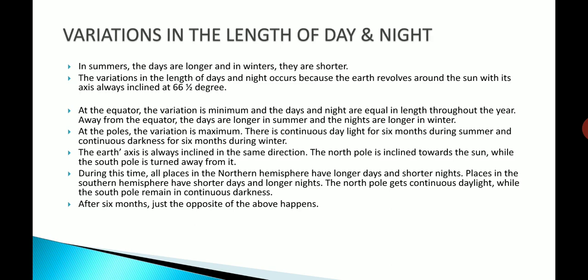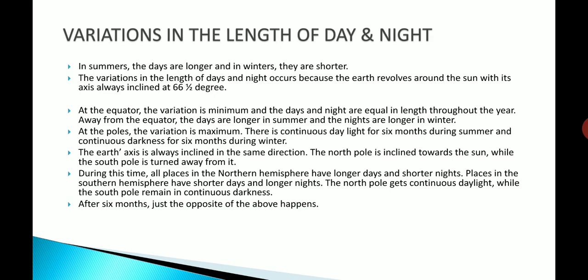If we talk about the equator, the variation of length of day and night is minimum, as they are equal in length on the equator throughout the year. As we move away from the equator, the days will become longer in summer and the nights will become longer during the winter.